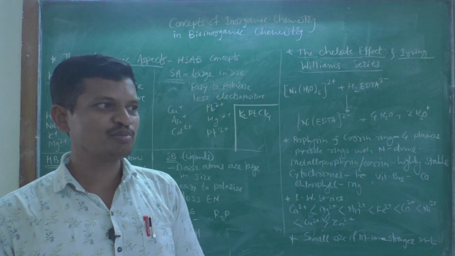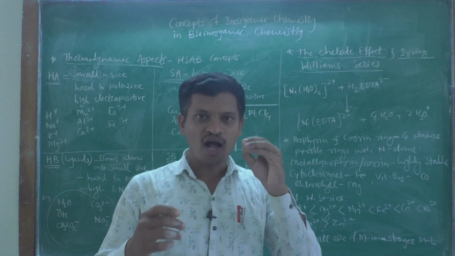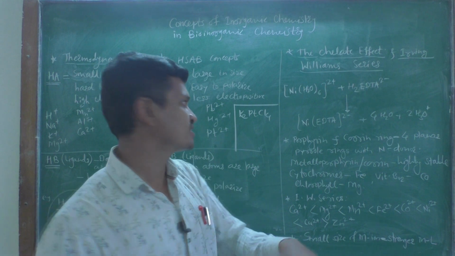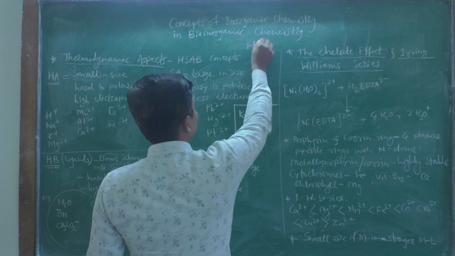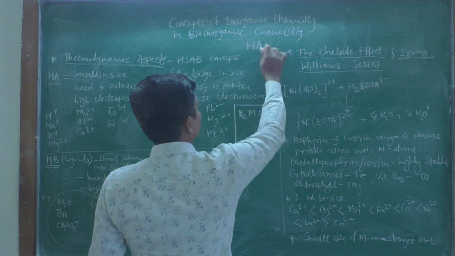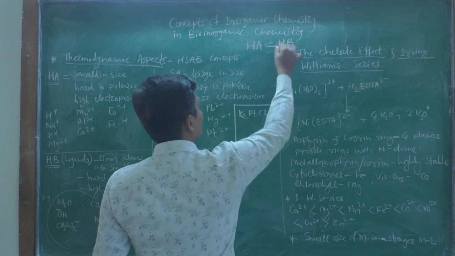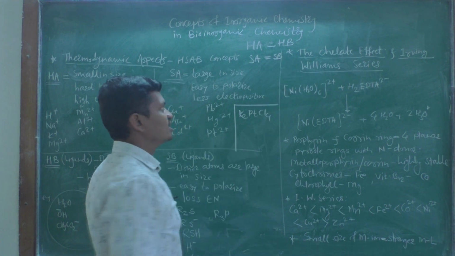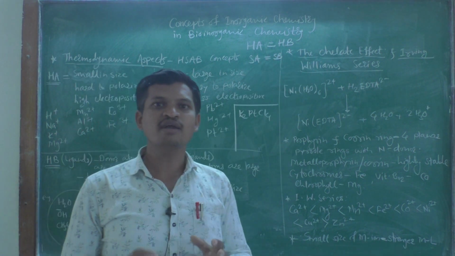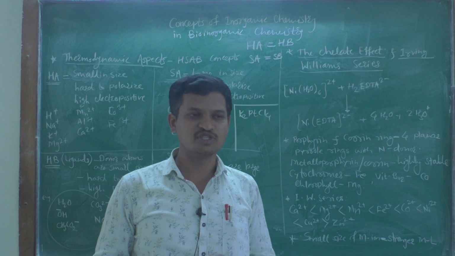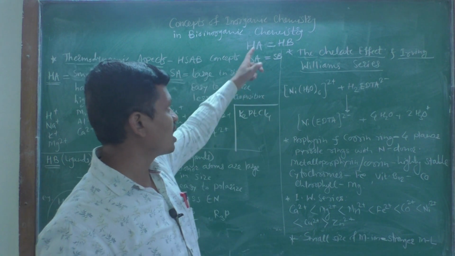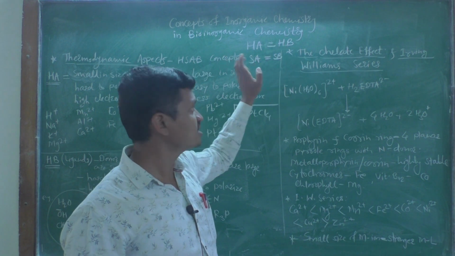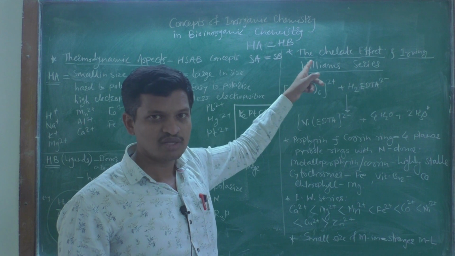A very famous HSAB principle is that hard acids prefer to combine with hard bases, and soft acids prefer to combine with soft bases. This principle is known as the hard soft acid base principle or HSAB principle. Hard acids mostly combine with hard bases, and soft acids mostly combine with soft bases.